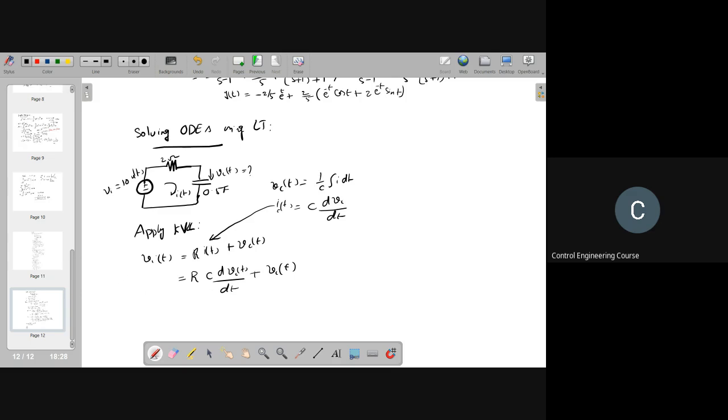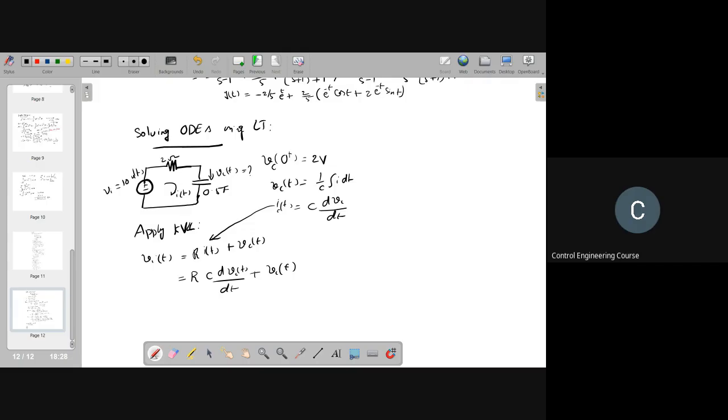Let's assume one more condition: the capacitor is not at rest. That means the initial voltage across the capacitor at 0 plus is 2 volts. I can add that also here.